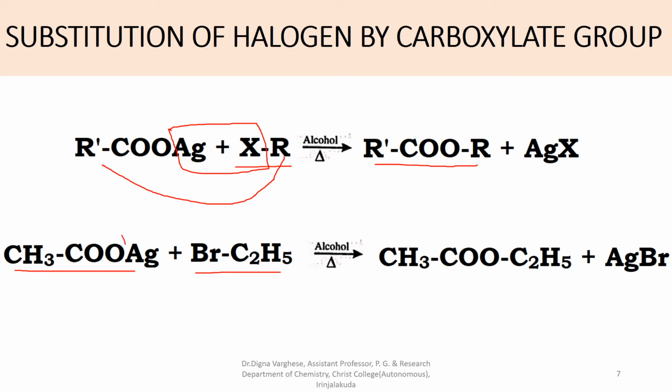By the elimination of silver bromide, it forms ethyl ethanoate, that is ethyl acetate. Okay, here you can see ethyl acetate. So, substitution of halogen by carboxylic group.